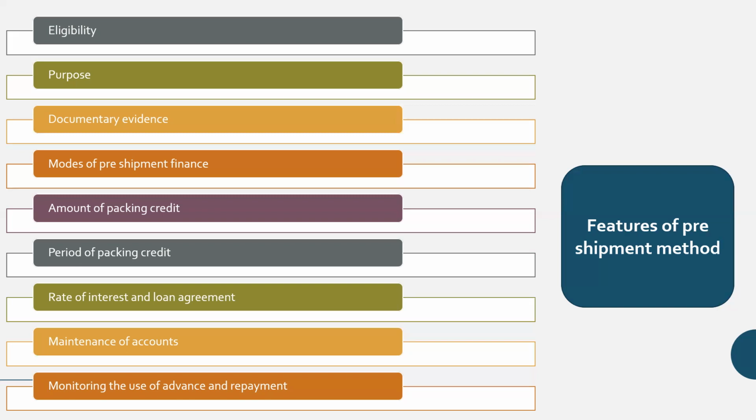So we can just write a note stating that packing credit is provided at a lower rate of interest, especially to encourage the exporter to enter in the international trade and fetch more of foreign currency for the overall development of the country. However, with effect from 1st July 2010, commercial banks must charge interest on packing credit at the rate of above the base rate, and not below the base rate. So that is all about the rate of interest.